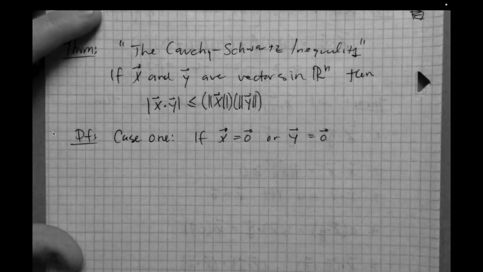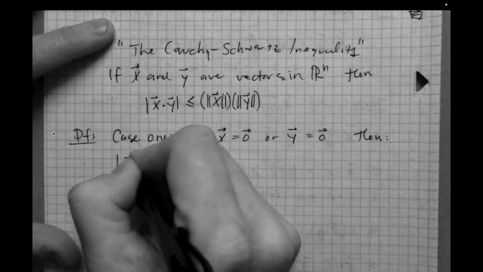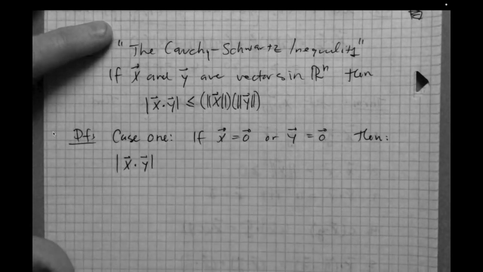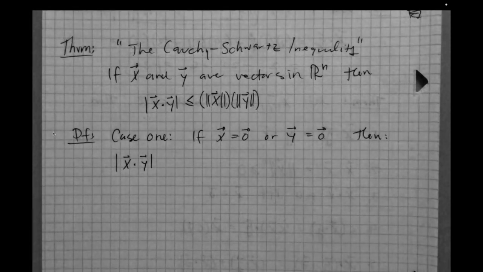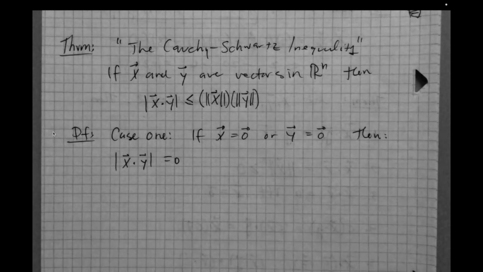Okay. So if that's the case, then the dot product in this case is equal to 0, right? If one of the vectors has all 0 components, when I multiply it against the other one, all of the products will be 0.